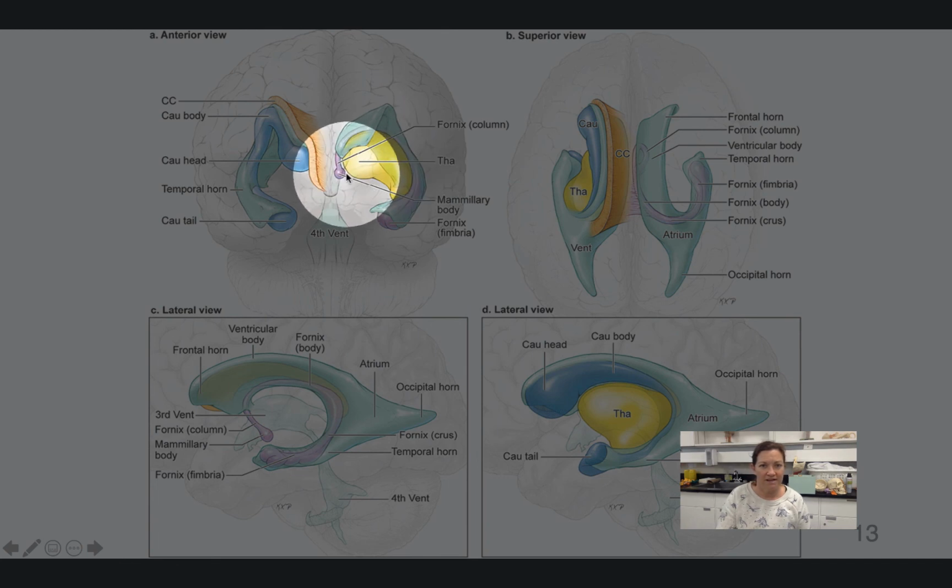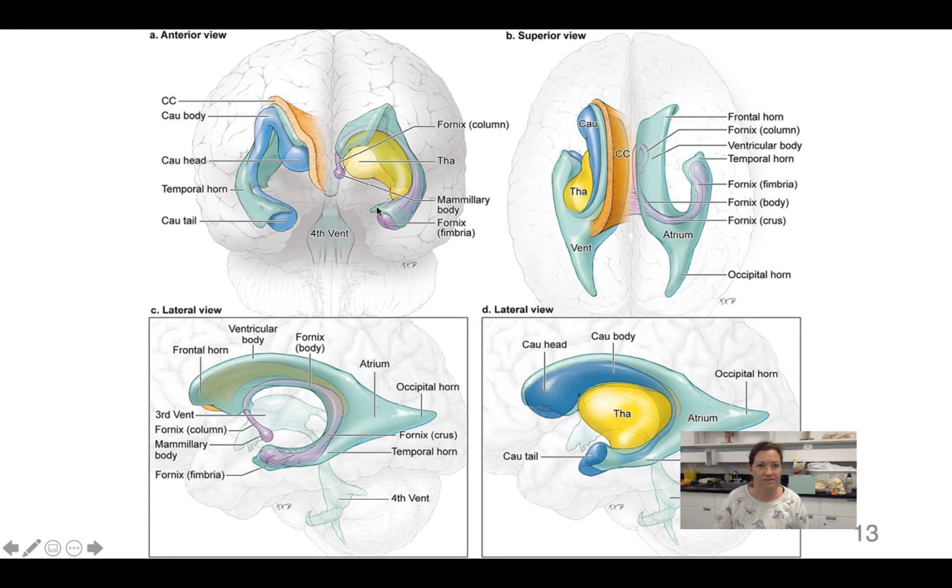While the opposite is true of the hippocampal formation. So here, traveling from the mammillary body all the way around to the fornix, that C is deep and medial to the lateral ventricles.